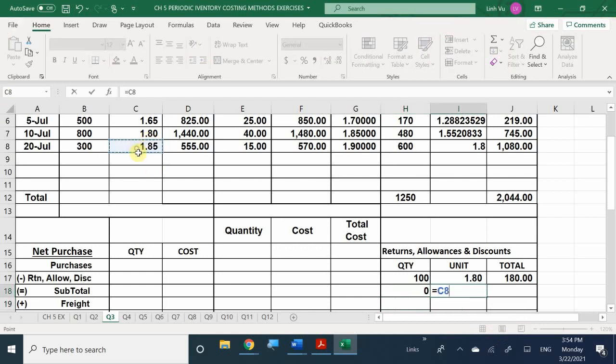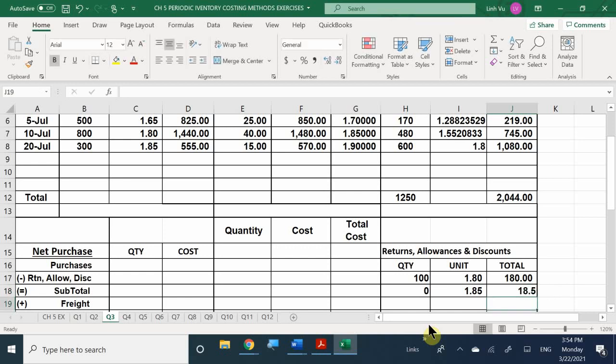Correct. So here's my formula. I'm going to take 50 times the $1.85, and then times the 20%. So I should get a grand total of $18.50. Good. Remember, no changes to quantity because they convinced us to keep it.